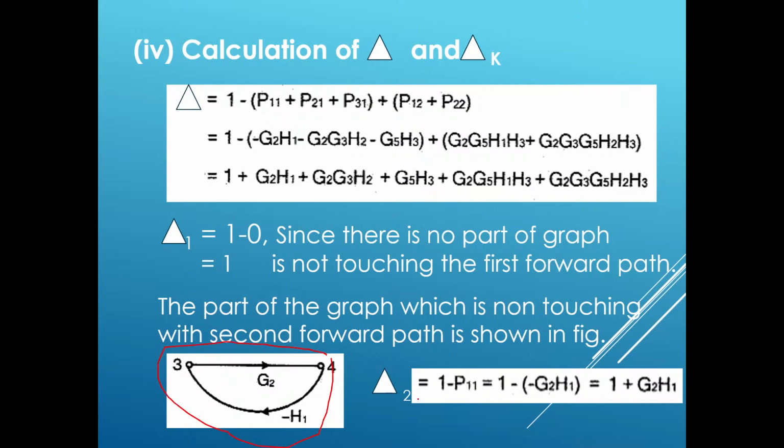The formula is 1 minus the gain value of the part which is not touching forward path 2, that is P11. That is 1 minus of minus G2H1, that is 1 plus G2H1. So this is our delta 2. So we have got an expression for delta, for delta 1, and for delta 2.